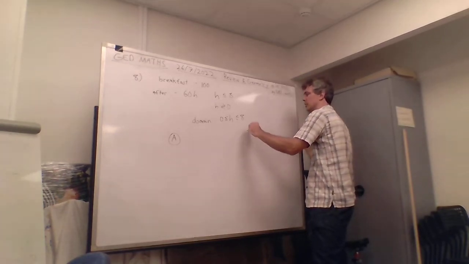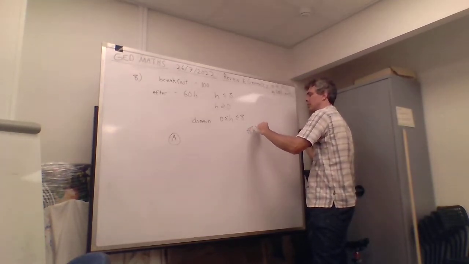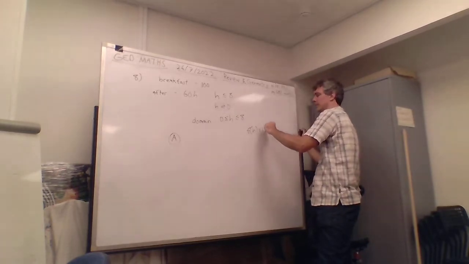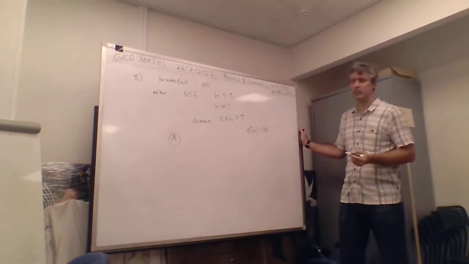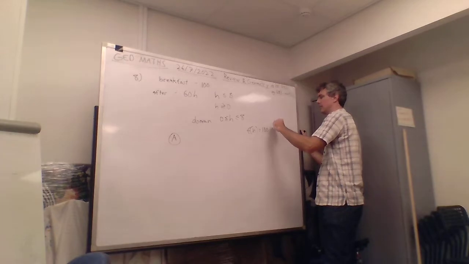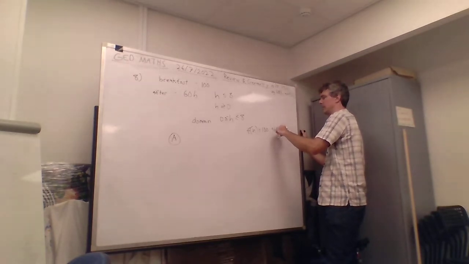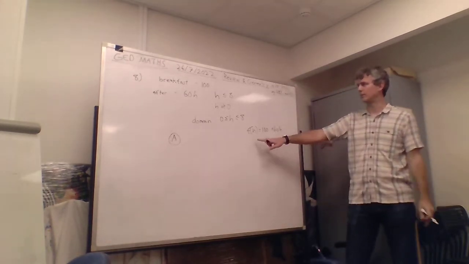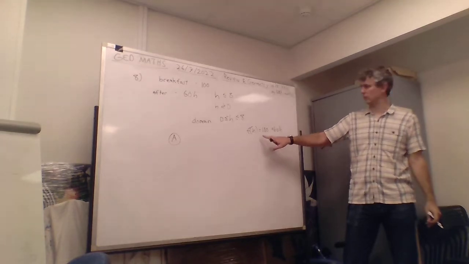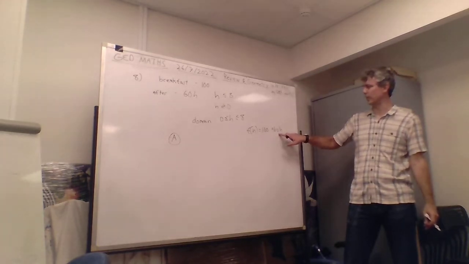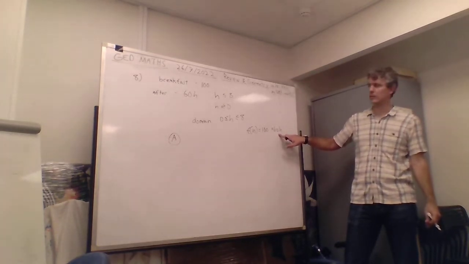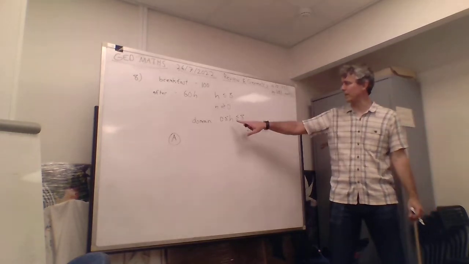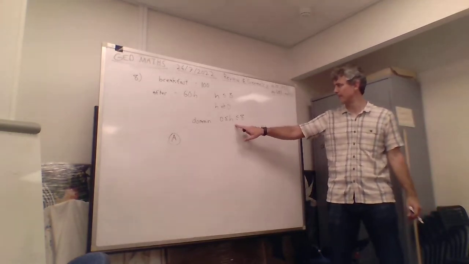So the function is f of h. We start with 100, plus 60h. This is how far we're moving, because we start with 100, and then it's however many hours we drive. Then for the domain, you can put these values in.